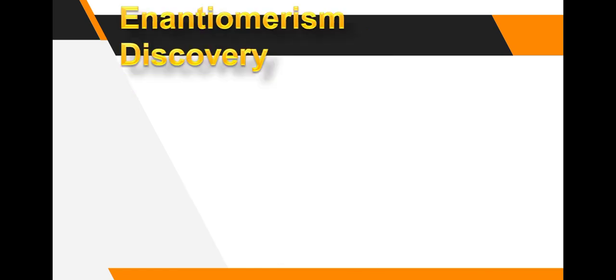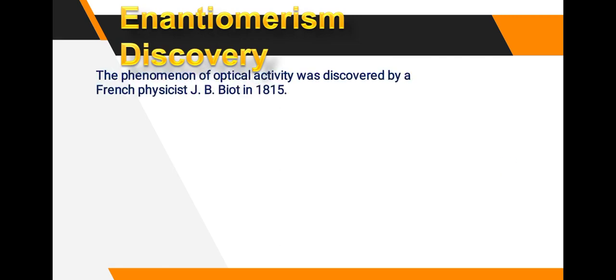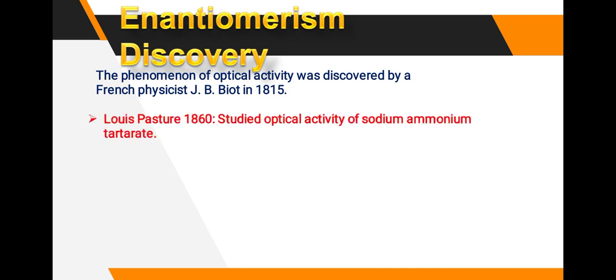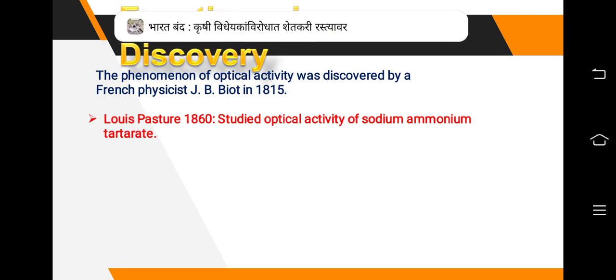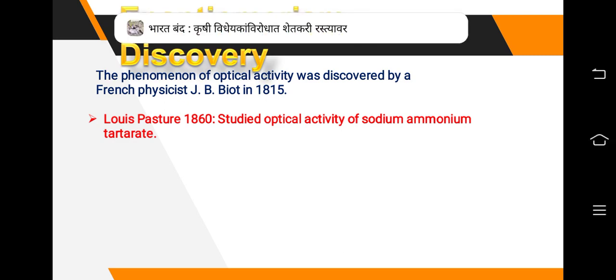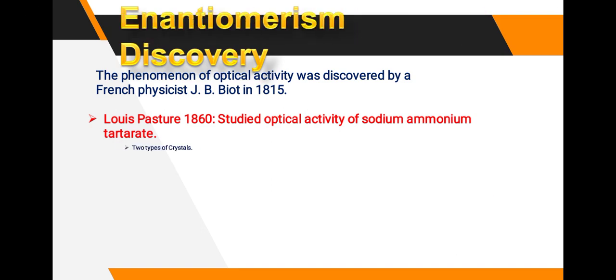Then enantiomerism discovery. The phenomenon of optical activity was discovered by the French physicist J.B. Biot in 1815. Okay, Louis Pasteur in 1860 studied the optical activity of sodium ammonium tartrate.